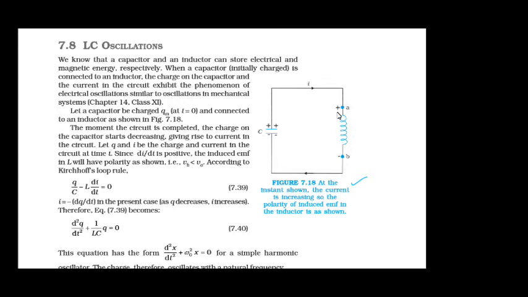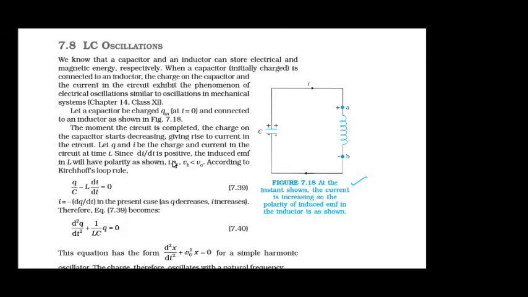A is plus, B is minus, and this is the current flowing, that is the induced current I. Let Qm be the charge of the capacitor at t is equal to 0. The moment the circuit is completed, the charge on the capacitor starts decreasing, giving rise to the current in the circuit. Let Q and I be the charge and current in the circuit at time t.